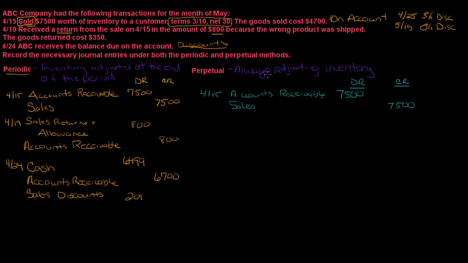Now, remember, we are always adjusting inventory. So did my inventory change? What did I sell? I sold inventory, right? And the goods sold cost 4,700. So my inventory is changing.